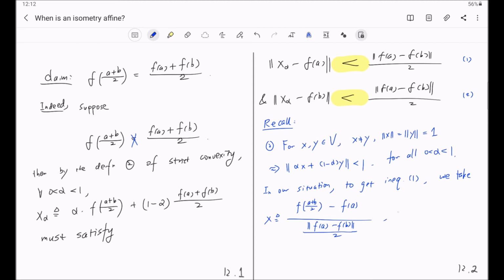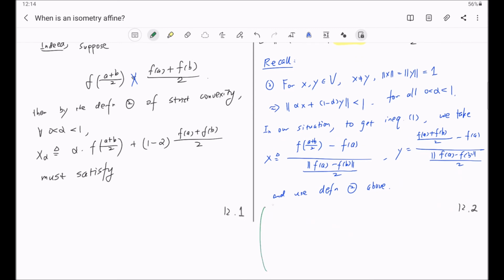And we'll take y to be f of a plus f of b divided by 2 minus f of a, divided by the same denominator. And we plug in x and y into the definition number 2. And by definition number 2, we'll get precisely the inequality number 1.